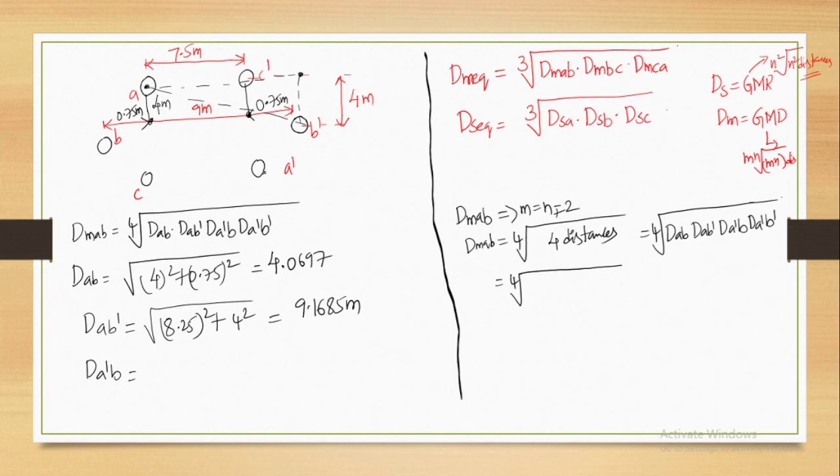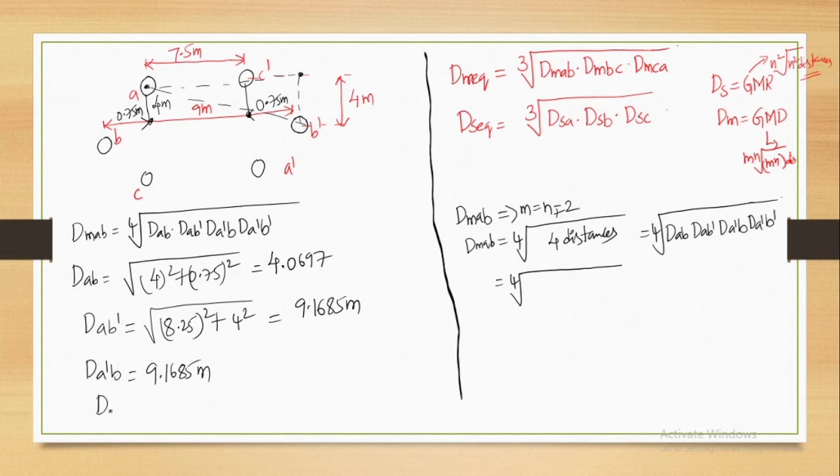Similarly, DA dash to B also has a horizontal distance of 8.25 and vertical distance of 4. So DAB dash and DA dash B are both the same, 9.1685 meter. These are the three distances.